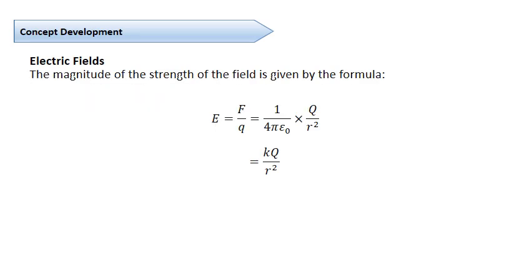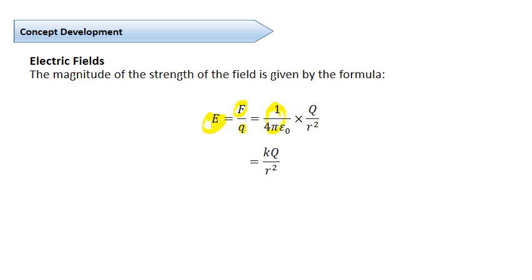Okay, we're going to go ahead and solve some problems involving electric fields. Before we do that, I want to give you the formula for it. The magnitude of the strength of the field is given by this formula here. I've got E is equal to the force of the field divided by the charge. Now, sometimes you might see the formula written like this.